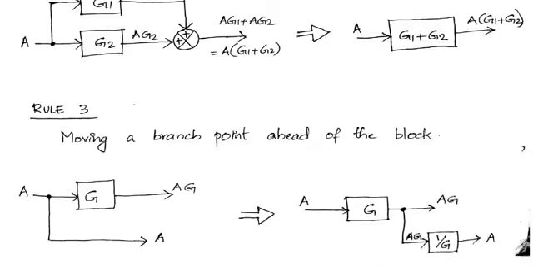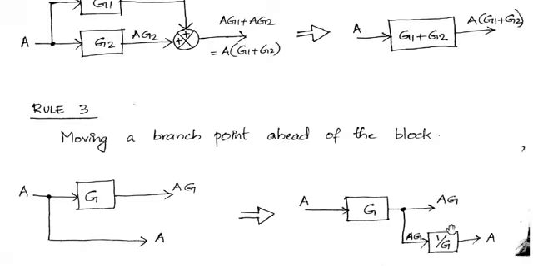So this is the modification that we have to make while shifting a branch point ahead of the block or in front of the block. Okay. So maybe in your question, instead of this G, it may be say G2, G3, and so on.